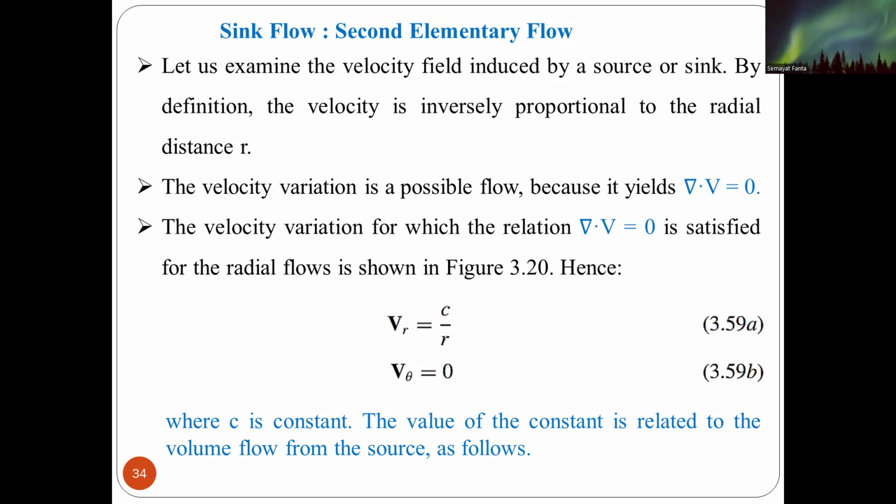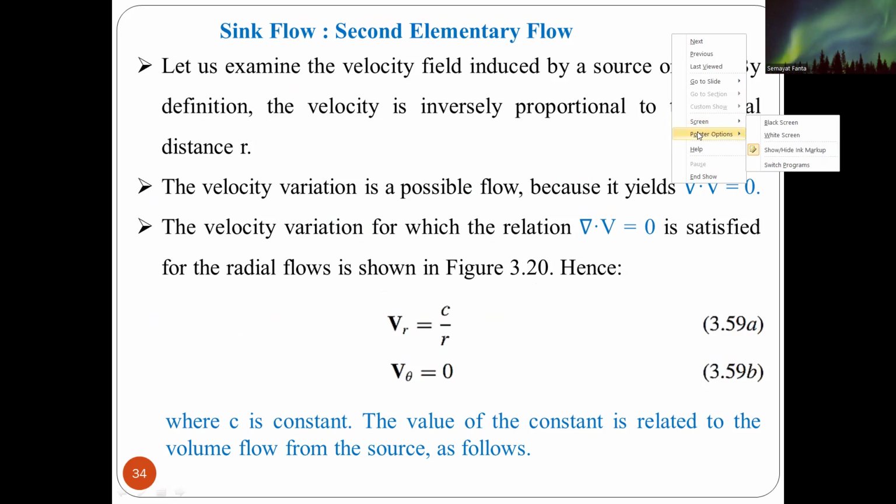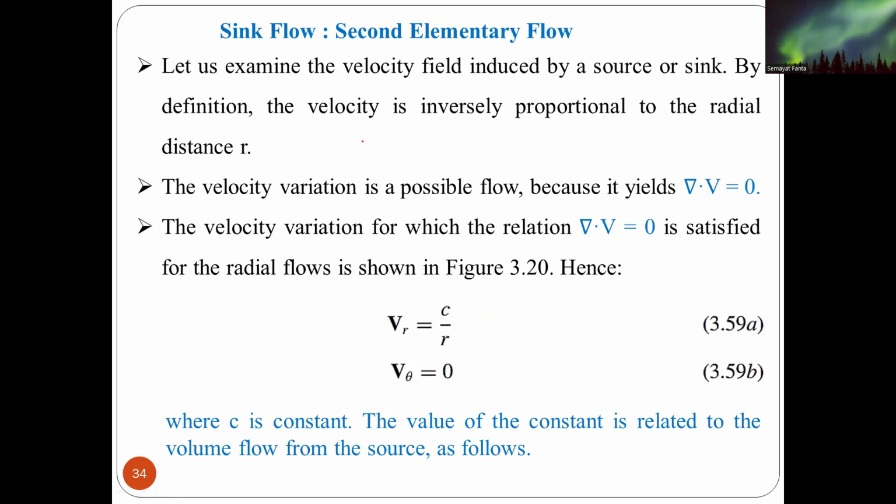Let us examine the velocity field induced by a source or sink. By definition, the velocity is inversely proportional to the radial distance. So you can define velocity V as proportional to 1 over the radial distance r.